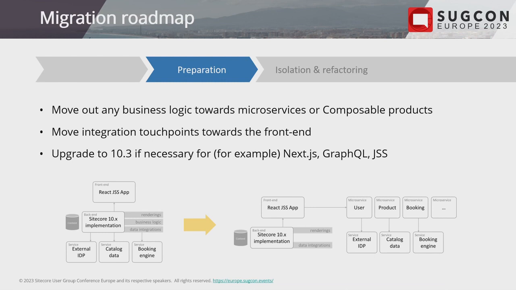And I would actually advise you to do this before you upgrade to Sitecore 10 if you need to, or 10.3 if you need to. Because, for example, if you have a current solution with a crawling search based on Solr, which is custom and embedded in your implementation, if you're going to upgrade your solution to 10, you also need to upgrade that functionality.